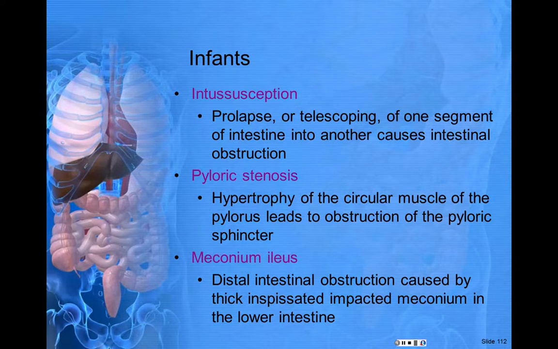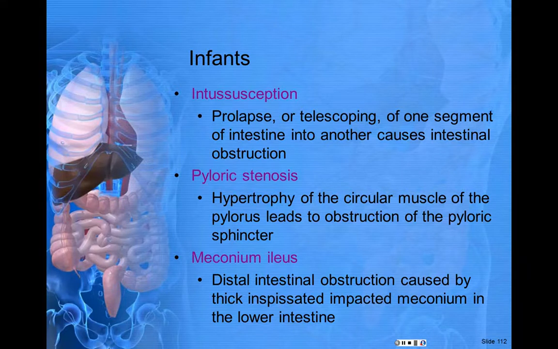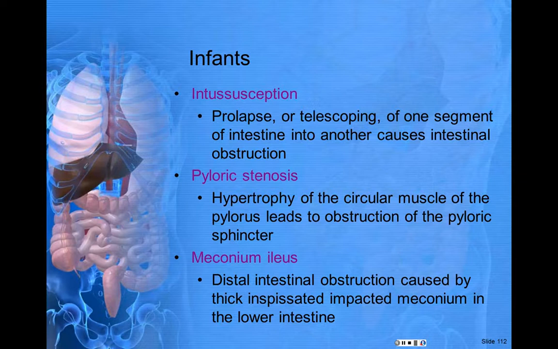Pyloric stenosis. The one thing to remember that's differentiating about pyloric stenosis is that there's a small, rounded, olive-shaped mass, sometimes palpable in the right upper quadrant, especially after the infant vomits. So remember, small, rounded, olive-shaped mass. That's pyloric stenosis.